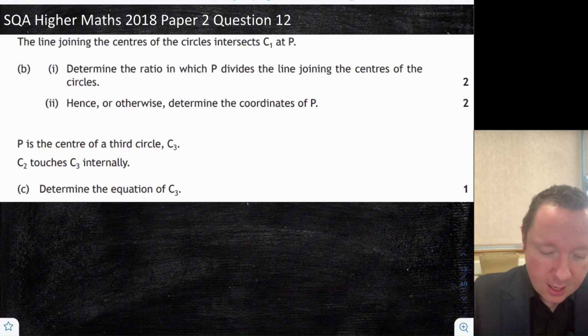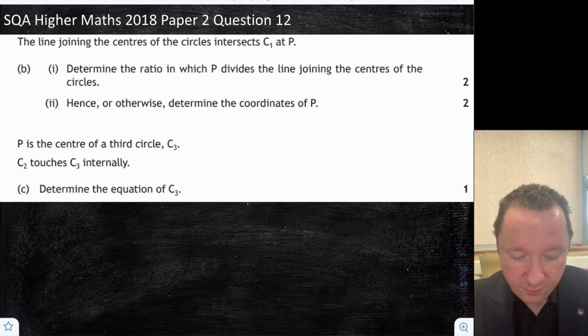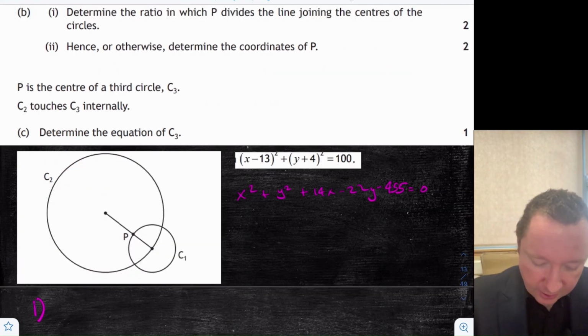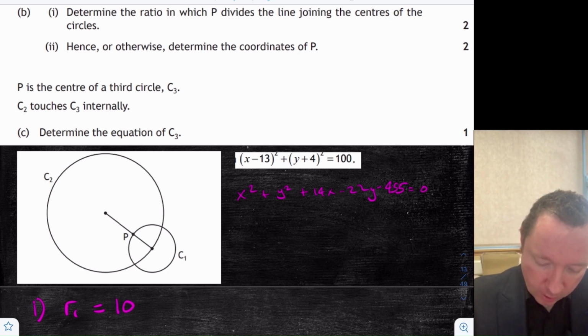Determine the ratio in which P divides the line joining the centres of the circles, and then find the coordinates of P. So the radius of C1, we already know, is equal to 10. And we can work out the radius of our second circle by using the formula at the start of the exam paper.